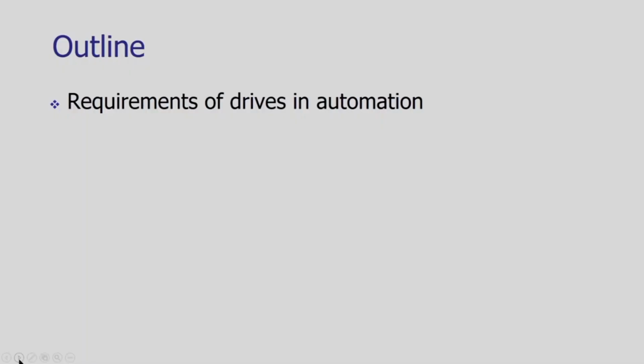So, various electrical drives are being used in the automation industry. In this week we will be seeing some of the important electrical drives. At the start of lecture 1, on application of electric drives in automation, we will study the requirements of various types of drives in automation. There are basically 3 types of drives used in automation: electric drives, hydraulic drives and pneumatic drives.